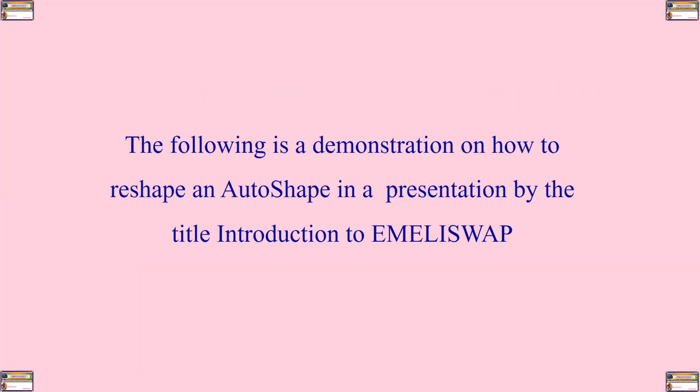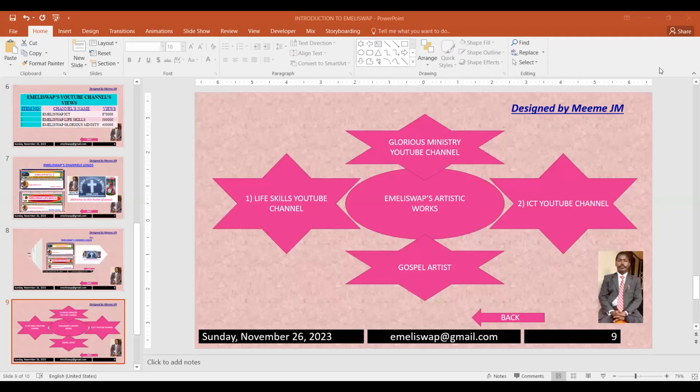The following is therefore a demonstration on how to reshape an auto shape in a presentation by the title Introduction to Emily Swap. In this tutorial, we have been able to insert some shapes.